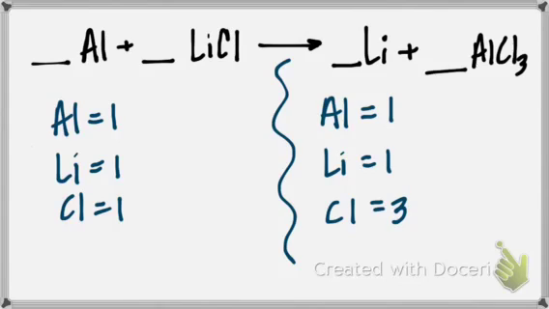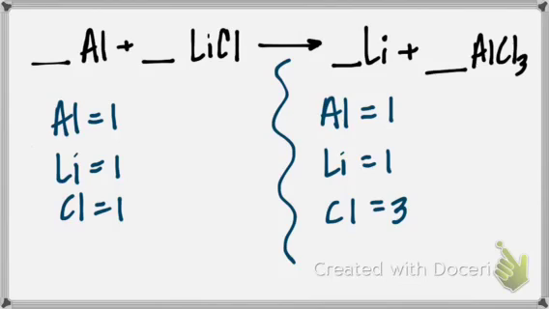Law of conservation of matter says that you can't create or destroy matter. So I can't go backwards. I can't go down on my numbers. Instead, I can only use multiples. So I'm going to put a 3 where? Good. You're going to put a 3 in front of the LiCl. Why? Because I need to get 3 chlorines.